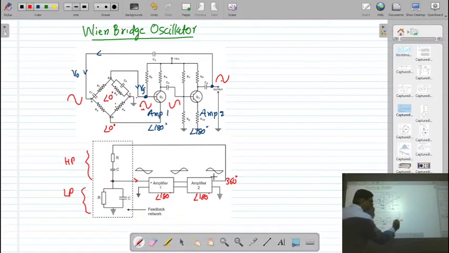So whatever the output voltage is present here, this output voltage is present at the input of the bridge circuit. And the output of the bridge circuit is known as the feedback voltage, you can say, or it is called an input voltage. And just as I explained, for a particular frequency, this is not going to offer any kind of phase. So the phase difference is 0, and here we have a total phase of 360 degree.